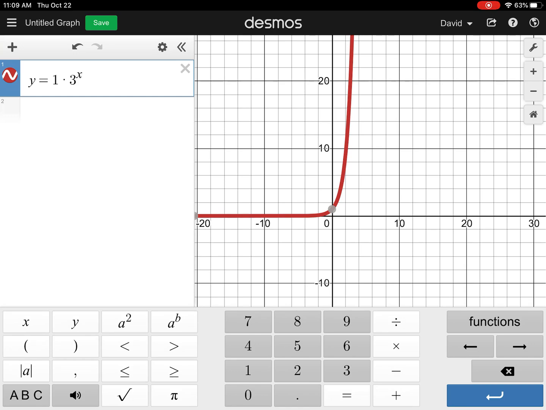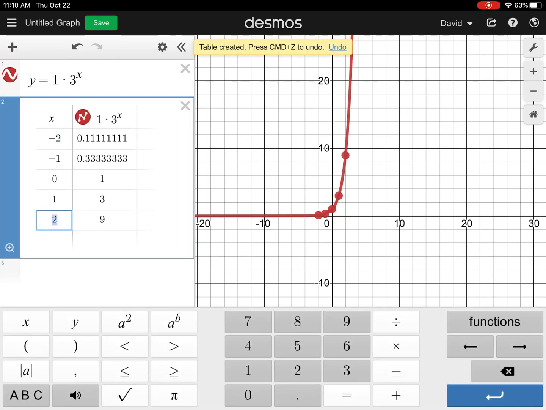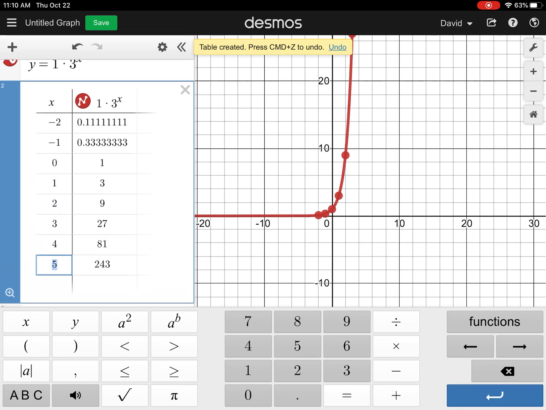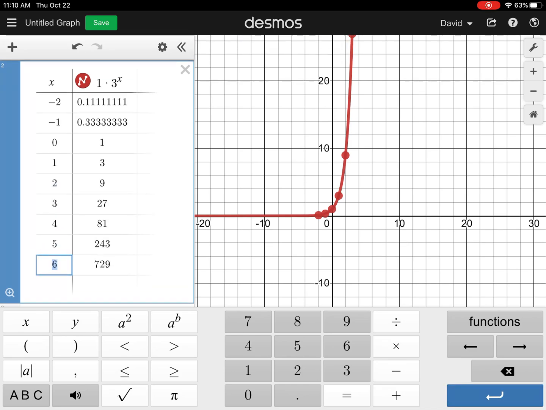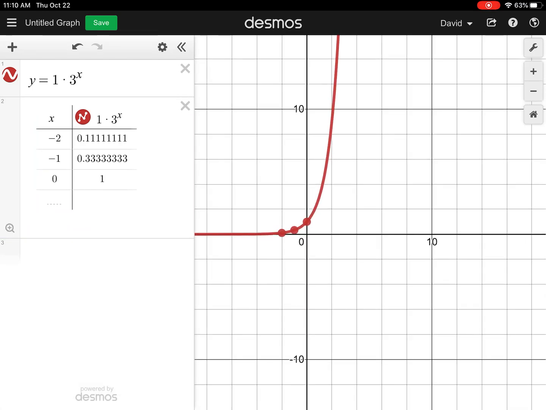But more important than that, if I click this gear symbol here and I duplicate it, turn it into a table, notice that it gives me the values. And not only when I click enter, it not only gives me the values here on this table, but look at the graph.